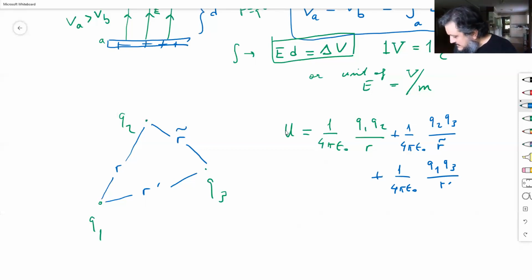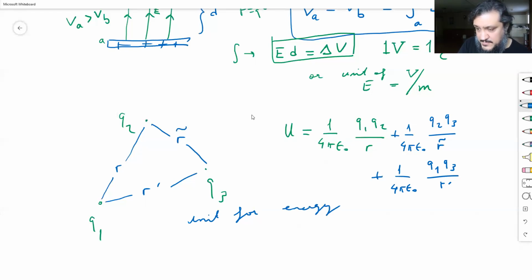Before I do that, let me say one more thing about the unit system here. Since now you multiply the potential by the charge to get the potential energy, there's now a new unit for energy, besides joules and even calories, if you go that way. So you take a unit charge, which is an electron.